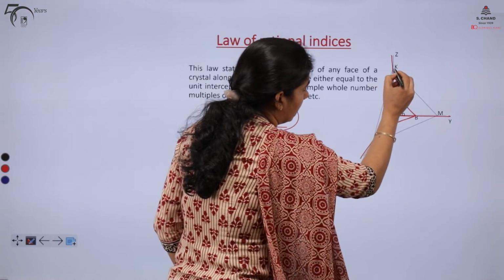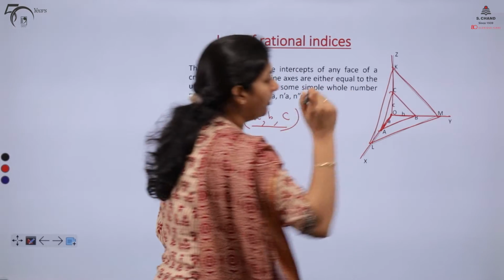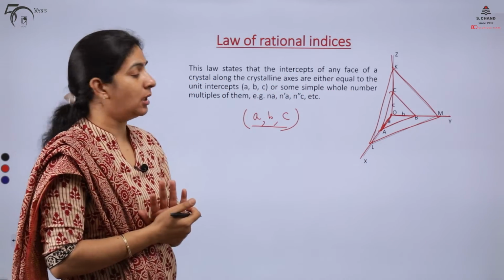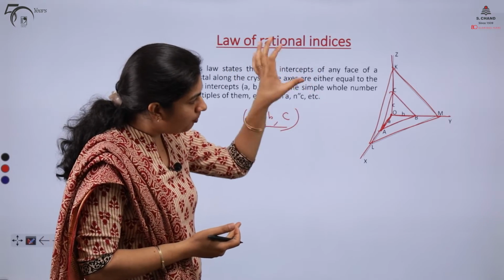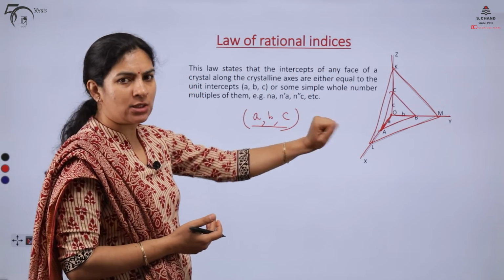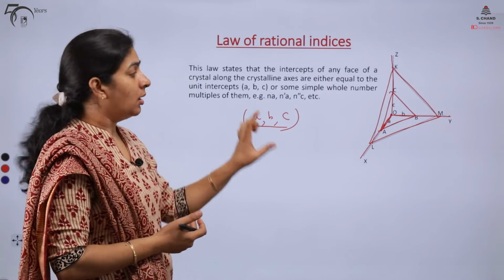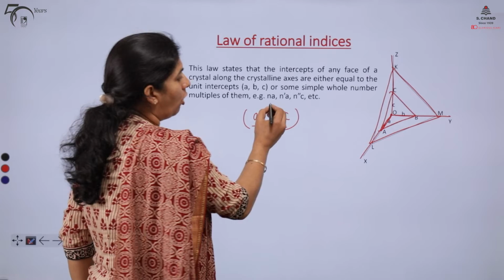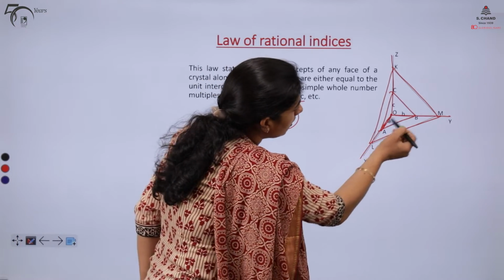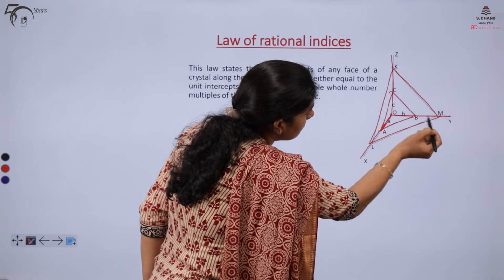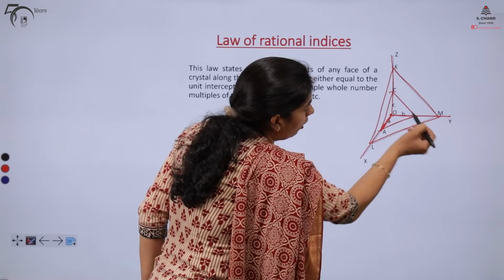Like this is another plane, right? KLM is the other plane. This is another crystallographic plane. Now what are the intercepts that this plane will make on these crystallographic axes? It will always be integral multiples of A, B and C. So having a close look at the intercept, this particular distance OM is almost double the distance of OB.